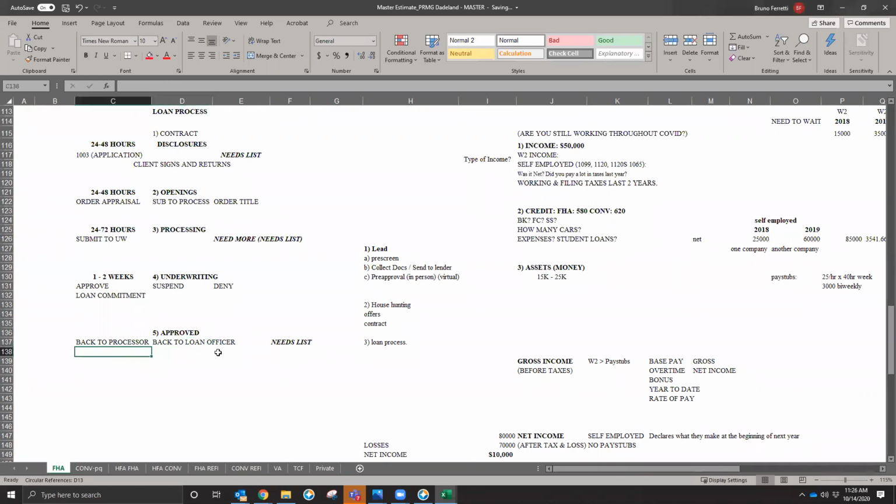When the client gets us the documents, when he gets us the needs list, right, the loan goes back to the processor and then back to the underwriter.